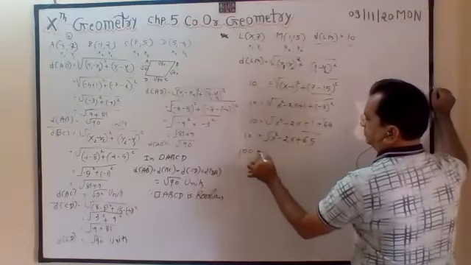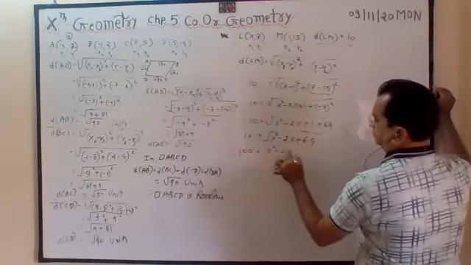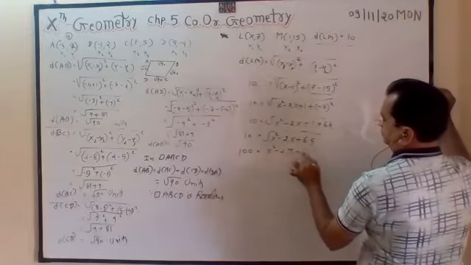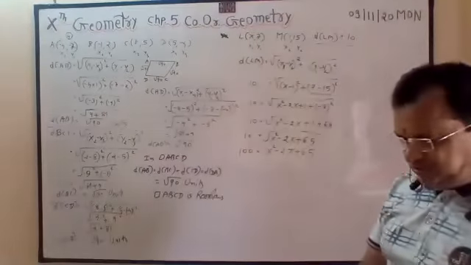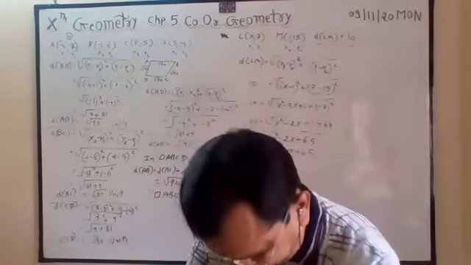Taking square on both sides. Now 100 comes to this side.